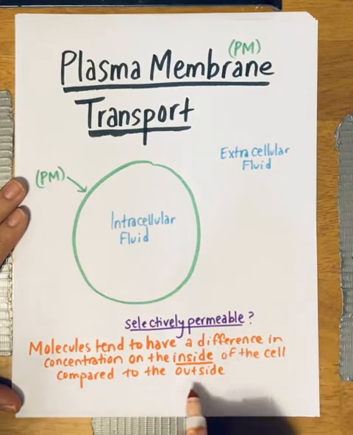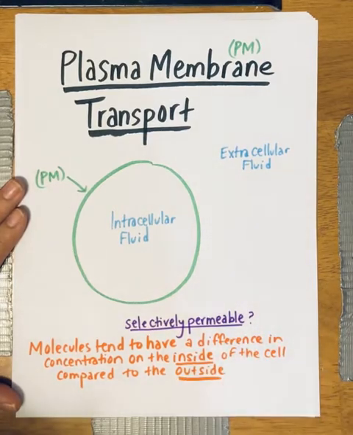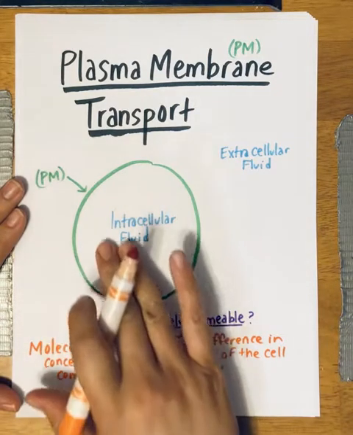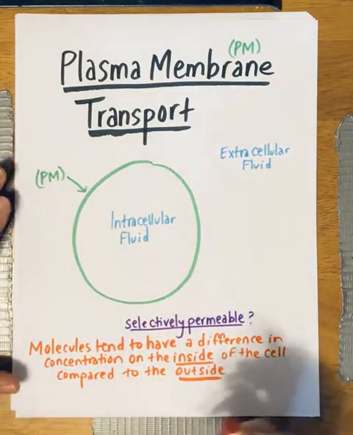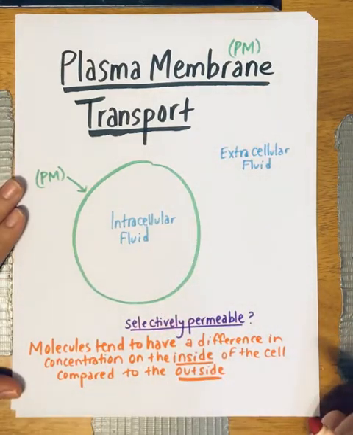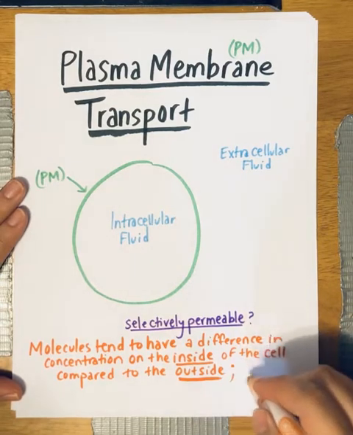So basically, we're looking at the concentration or the amount of substances that are dissolved in the intracellular fluid versus the extracellular fluid. This is called a concentration gradient.